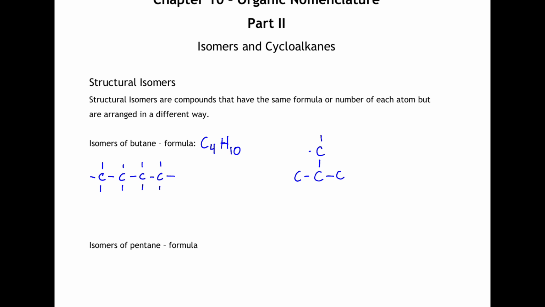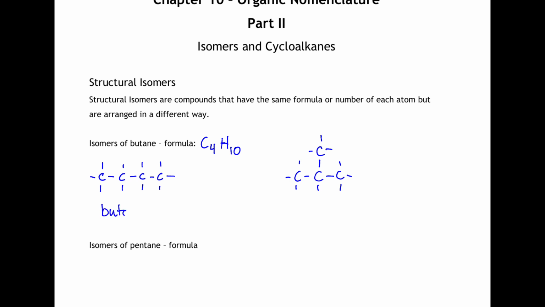And if I put the hydrogens around, they should still add up to 10. Let's do the count. 1, 2, 3, 4, 5, 6, 7, 8, 9, 10. So I get 3 here, 3 here, 3 here, 1. That's 10.